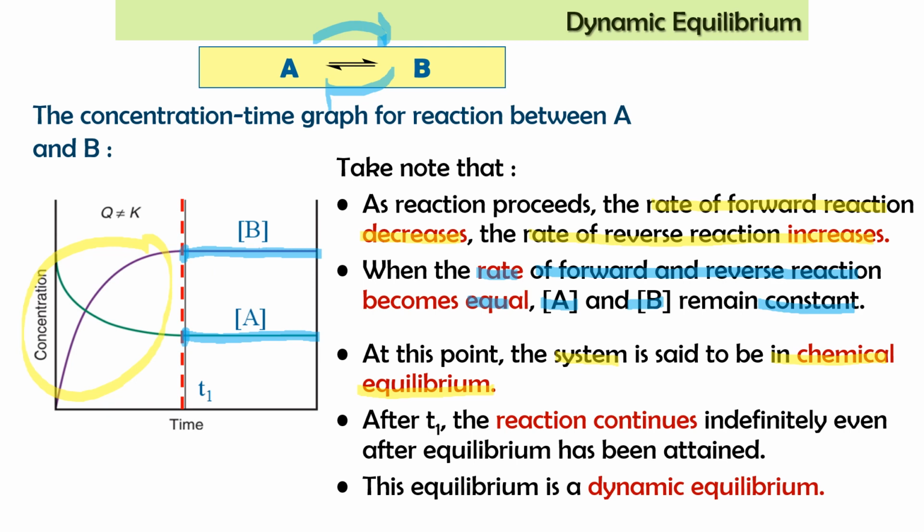At a certain temperature, for example at T1 here, at a specific time here, the reaction will still continue indefinitely, without limit, and equilibrium is achieved. This is what we call dynamic equilibrium.